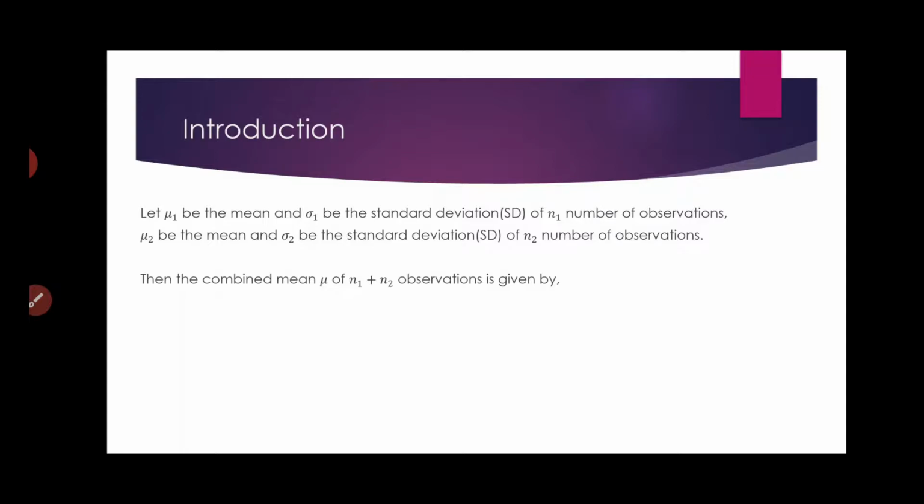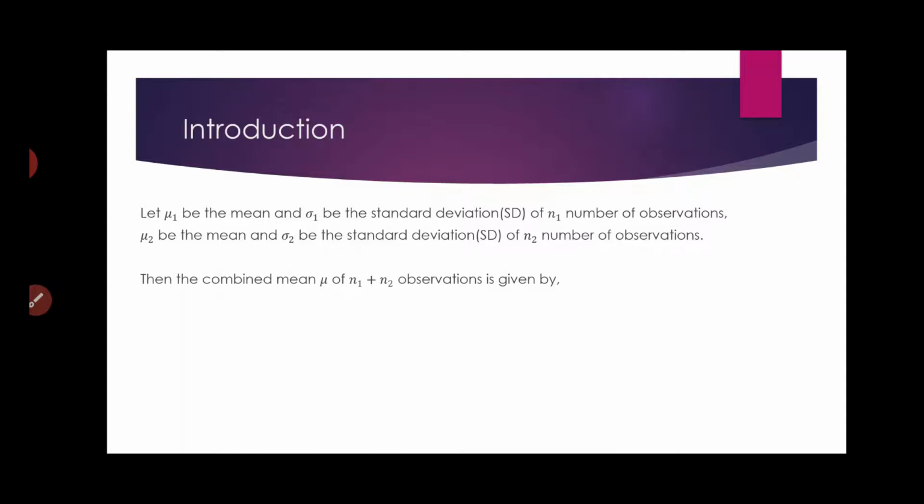So there are n1 number of students in 11 science, and I have collected all the weights and found the average of it, that is I have found the mean of it, so that is mu1. And similarly, if I collect the weights of all the students from 11 commerce, say there are n2 number of students and I have found out the mean of that, so that is mu2. So what will be the total mean of all the students of 11 science and commerce combined? That is exactly what we are addressing right now.